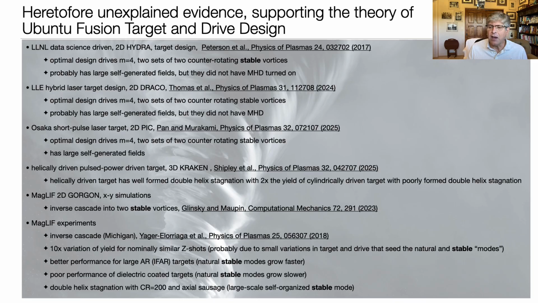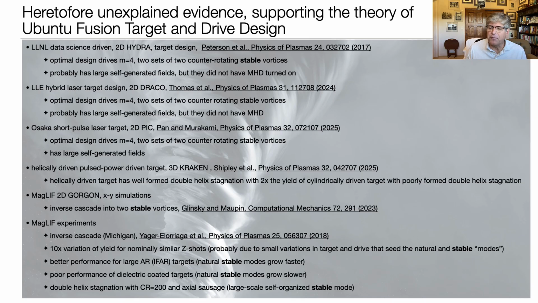There is a 10 times variation of yield for nominally similar Z-shots. This is probably due to small variations in target and drive that seed the natural topological modes. There is better performance for large aspect ratio targets because natural topological modes are probably growing faster.